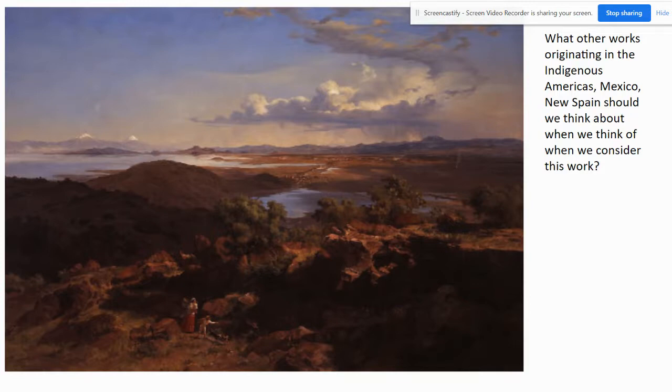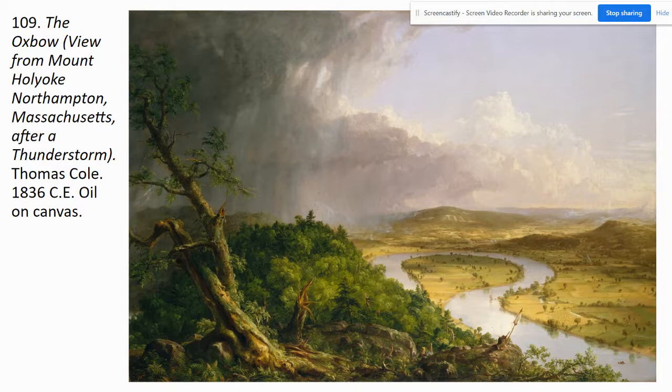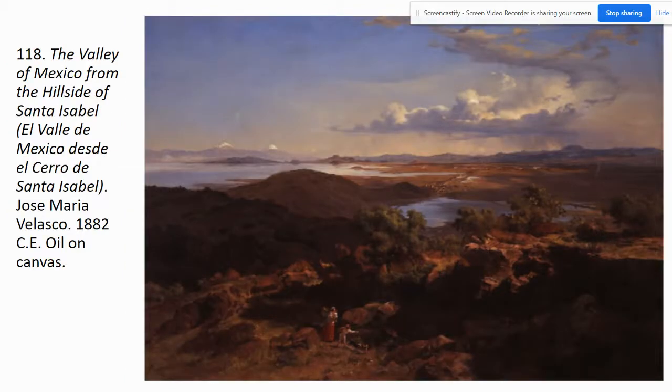And just like the Oxbow was about national identity with manifest destiny in the United States, the Valley of Mexico does something similar in terms of establishing national identity.